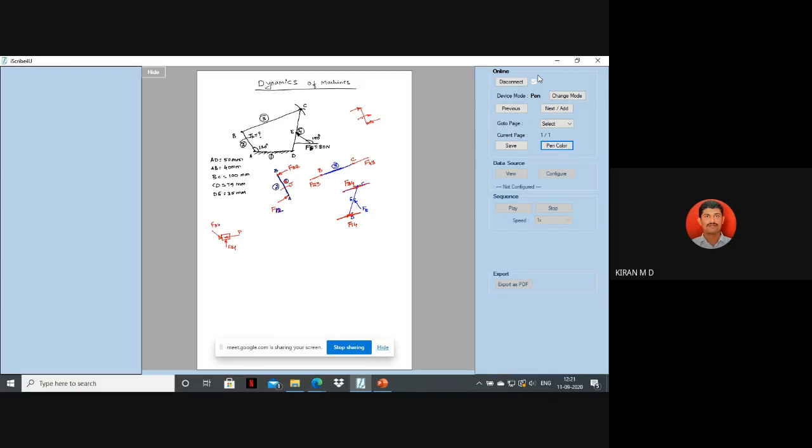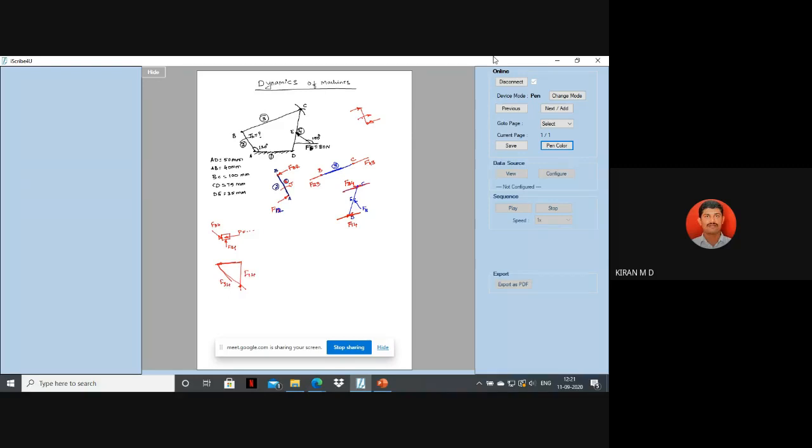This P is a known value. By using that, we have drawn this line. Then we know the direction of this F34. We have drawn this line. Then we know it will move vertically, so we have drawn a vertical line. We are going to get this F34 and F14 value.